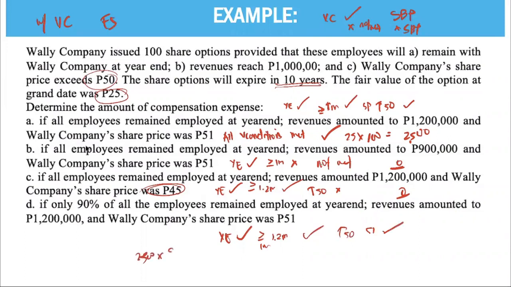If we have 2,500 and 90% only is the remaining number of employees, 2,500 times 90%, we have 2,250. So our answers are 2,500, 0, 0, and 2,250 based on the vesting conditions. Here the vesting period is only 1 year. As you can see, based on the vesting conditions, we look at whether those conditions were met or not, so that we say we have a share-based payment.